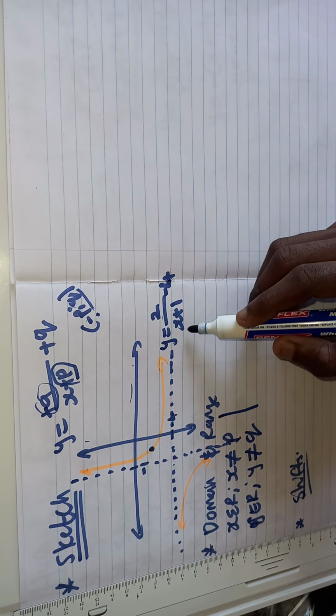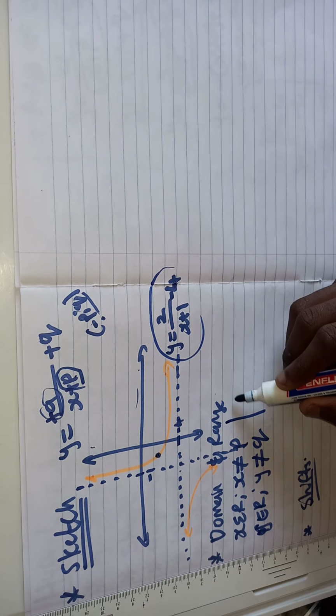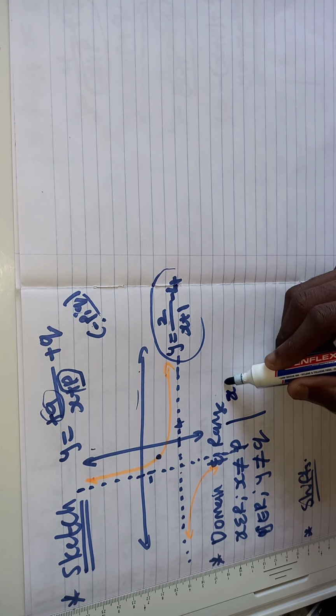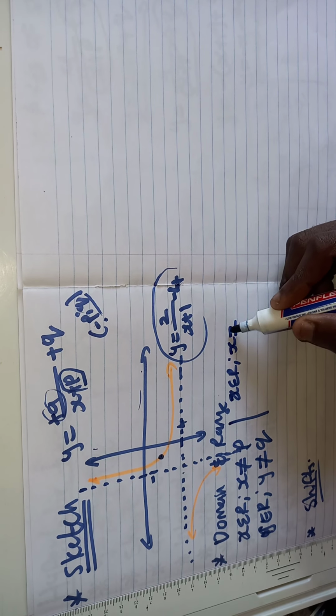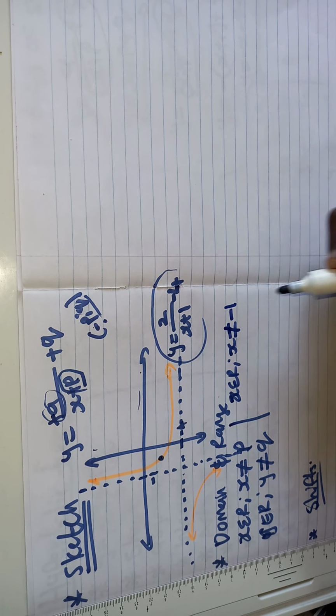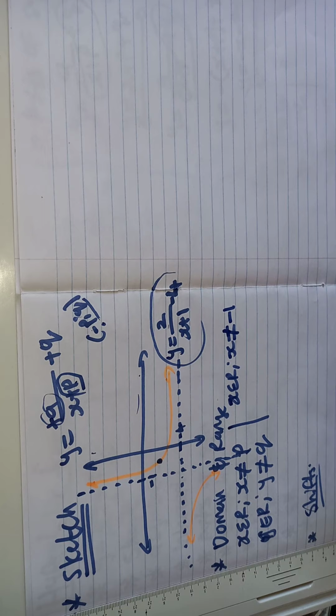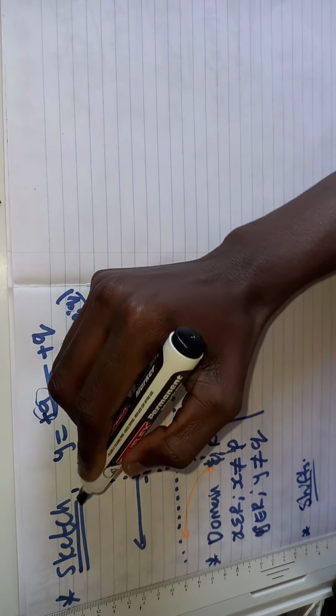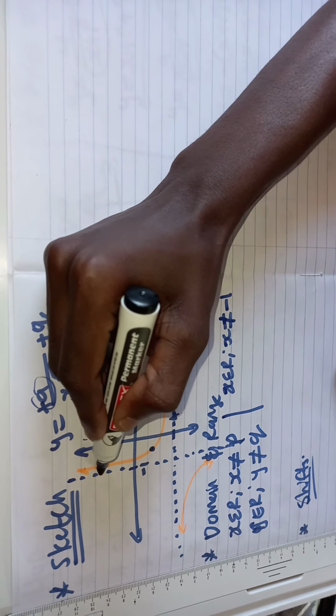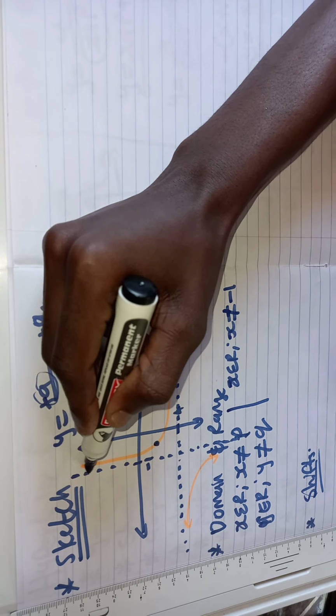For example, using this equation, x is an element of the real numbers, but x must not be negative 1, which means, as you can see, our graph doesn't touch this line, or this line.